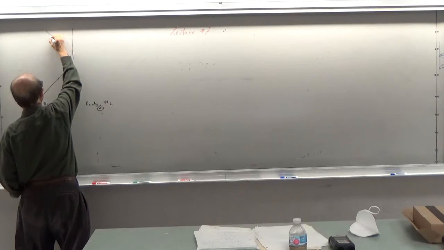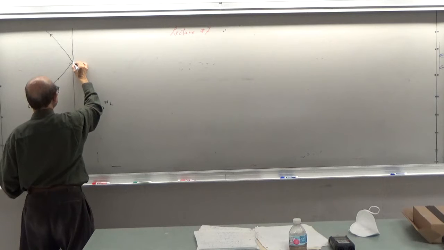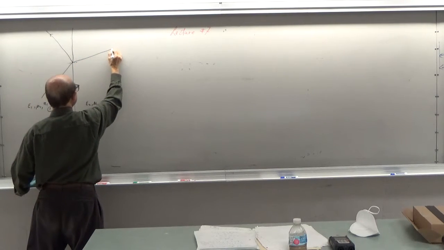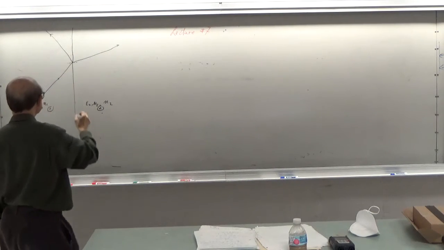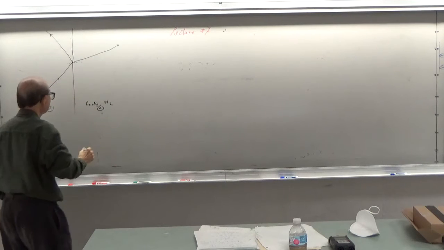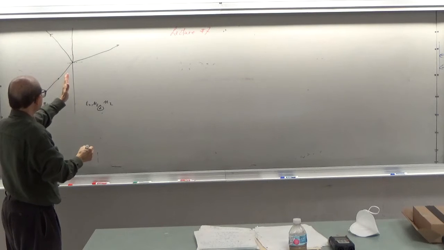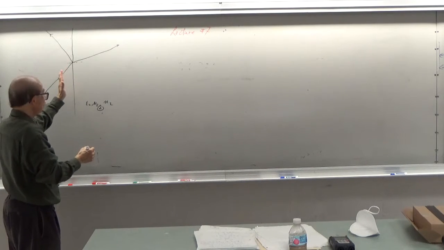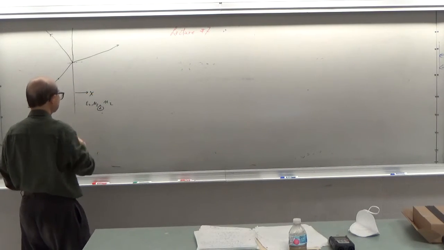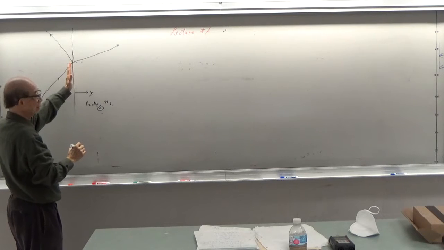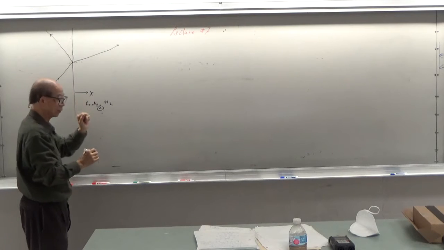The reflected beam, let me draw a normal here, and then part of it being transmitted. So this is the transmitted beam. And let's say that this interface is perpendicular to the x direction. So let me take this to be the x direction, and the y and z plane will be perpendicular to x.